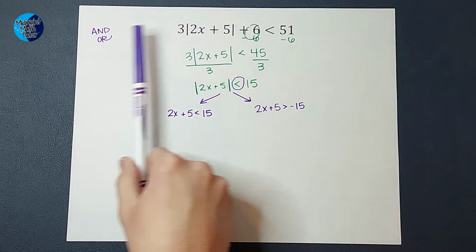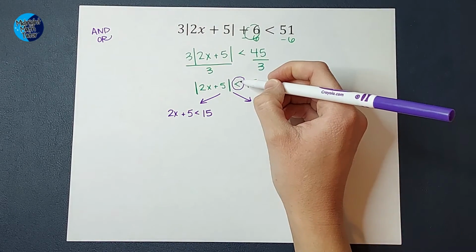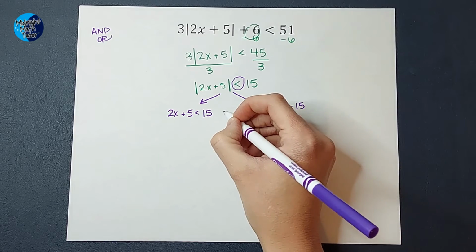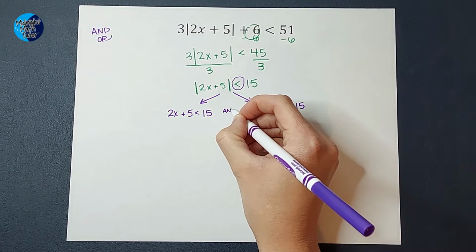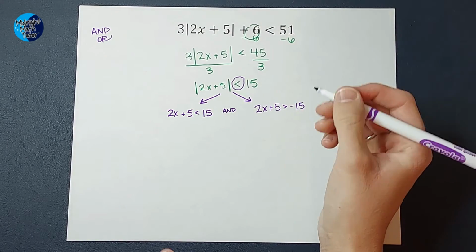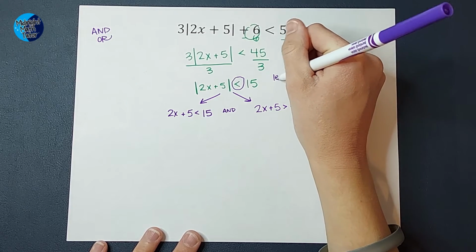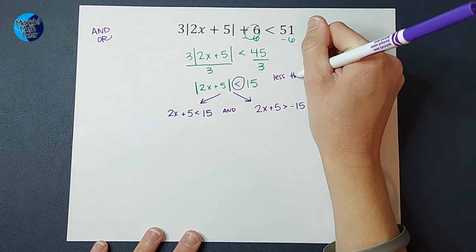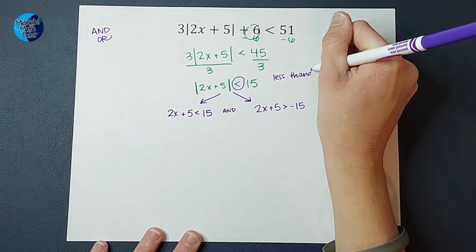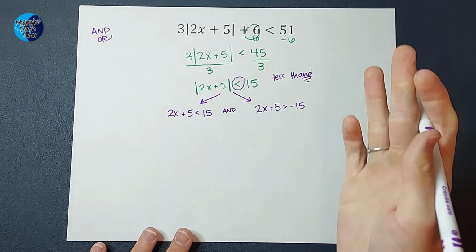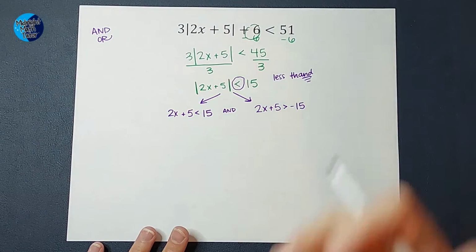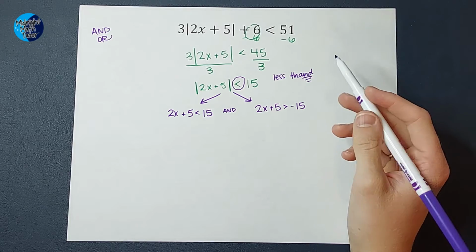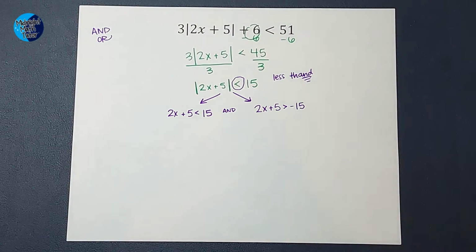When my absolute value is on the left and we have less than, it is going to be an and inequality, okay? And one way to help you remember that is to think less than can kind of sound like less thand, right? Pretty clever. I didn't come up with it. We could pretend I did though. Okay, so again, if you're wondering why is that, watch that video I linked earlier where I explain why that makes it an and inequality, okay?